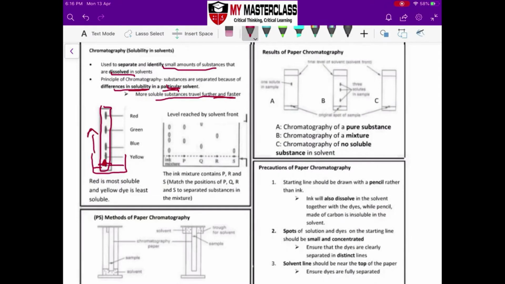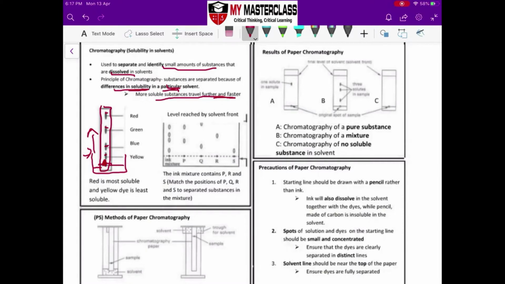When it gets absorbed up the chromatography paper, it will form some dots along the way. In this case, maybe 4 dots, for example. When these 4 dots are formed, they represent that there are actually 4 components inside the sample ink originally. Each component maybe will show a different color.